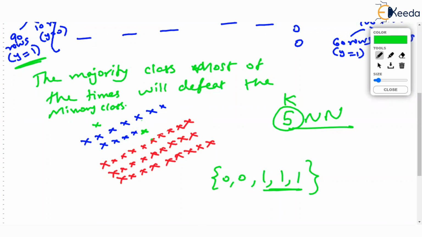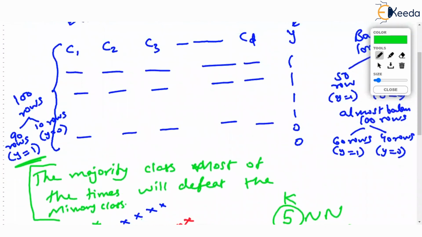I hope this third point is also understood, but there are ways of dealing with this. If we have an imbalanced data set, like this, 90 belong to class 1, 10 belong to class 0, then we can easily convert this imbalanced data set into a balanced data set. So this is not a big deal actually.